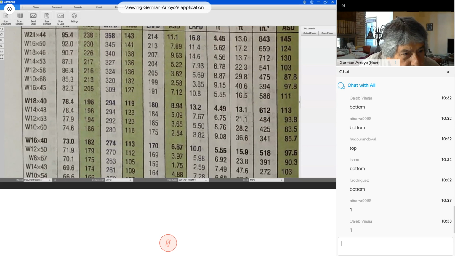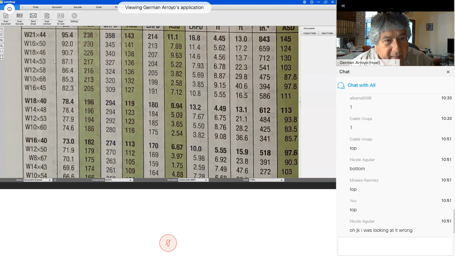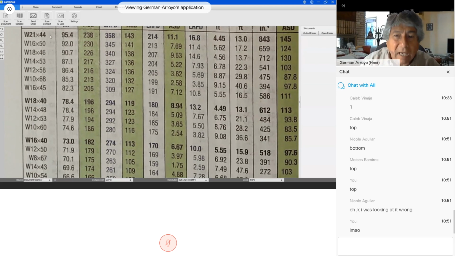The one at the bottom, the one in the middle, or the one on the top? Anybody? The top, the one on the top. The one on the top is the lightest one because we have 45, 68. In each group, the one on the top, bold face, is the best section because it's the lightest section. I know you were looking at it wrong. The one on the top, bold face, dark, is the best section of that group.